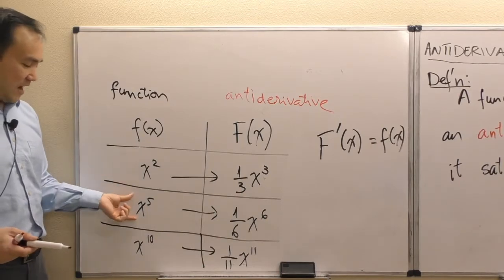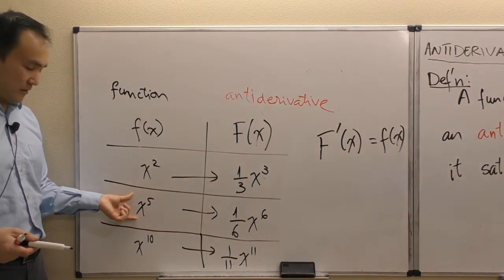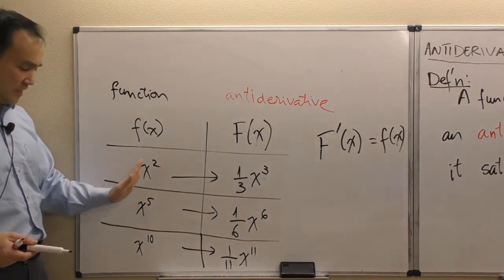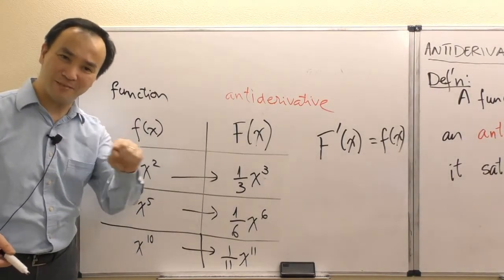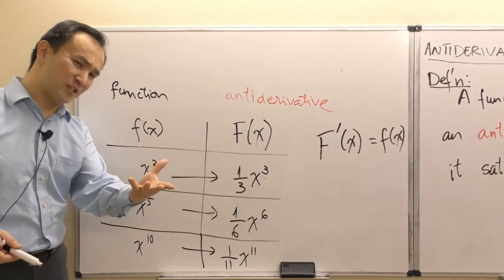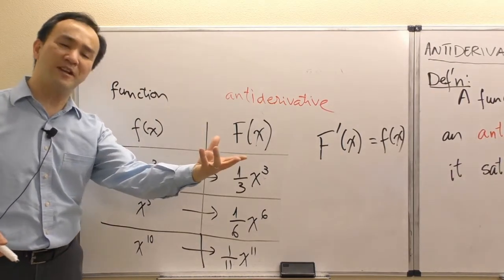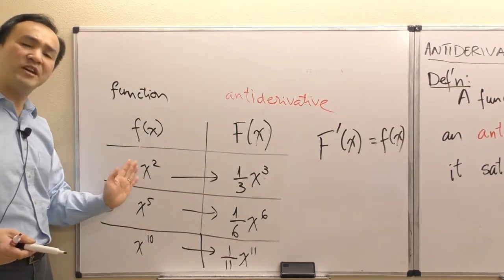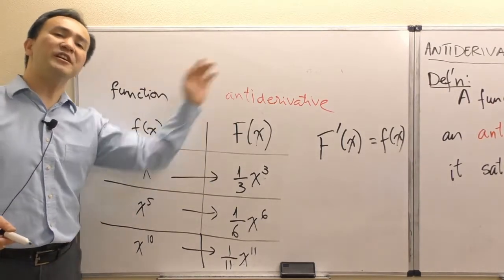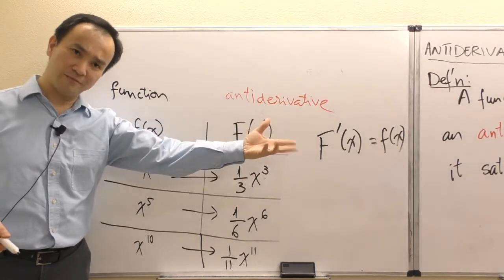Okay, if our function here is x to the 5th, the best functions to start our learning about antiderivatives are the power functions. It makes perfect sense, just like back when we learned about derivatives, because of the power rules. Here we are reversing the work of taking the derivative.